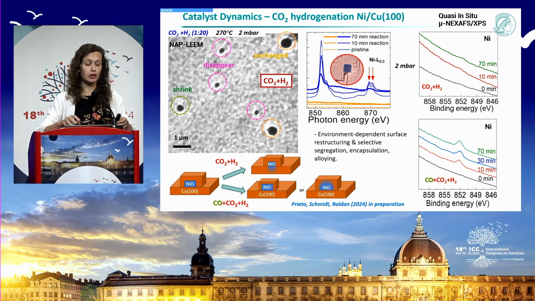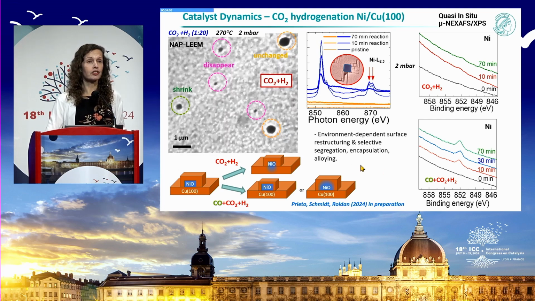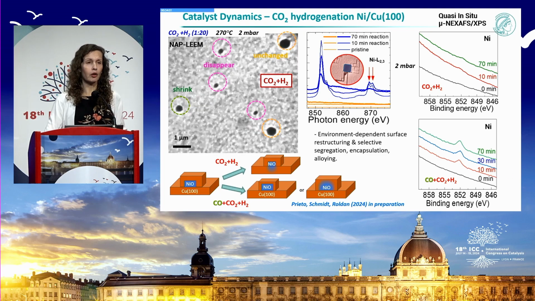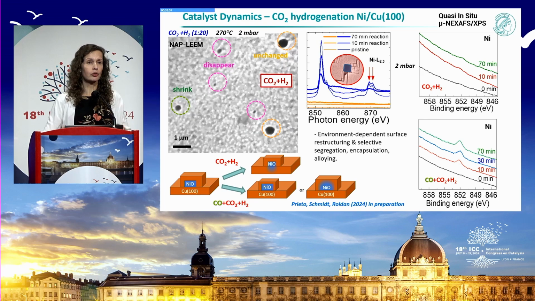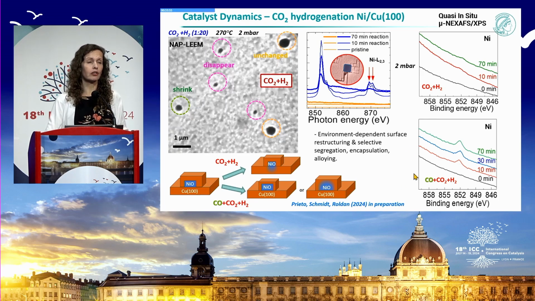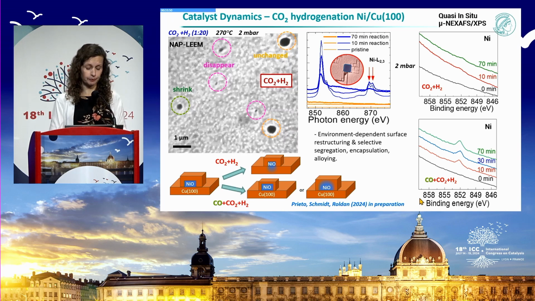If you can get a spatial resolution, this is even better, and that you can get this type of insight that I think is very much needed, how the material is reacting to your environment, and not only in structure, but also in composition and also, in this case, segregation phenomena and also alloying.